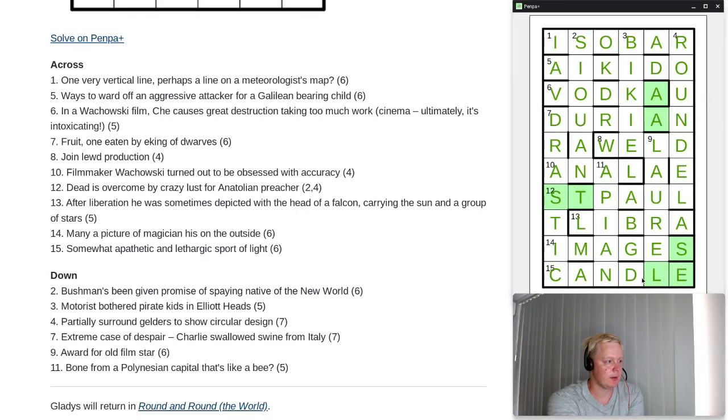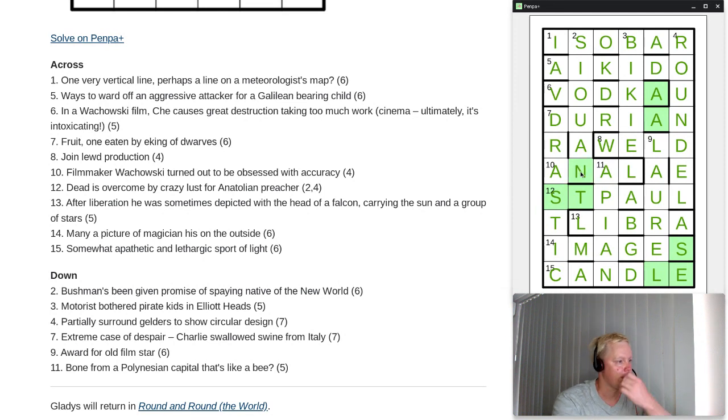Now we're going to look at the down answers. Bushman's been given promise of spaying. The spaying was modified into paying, so the first letter is removed. So we are highlighting one letter, starting from the sixth letter of Suan. So 1, 2, 3, 4, 5, 6.